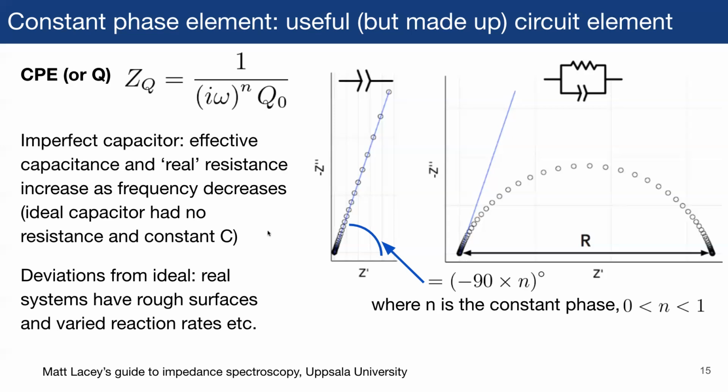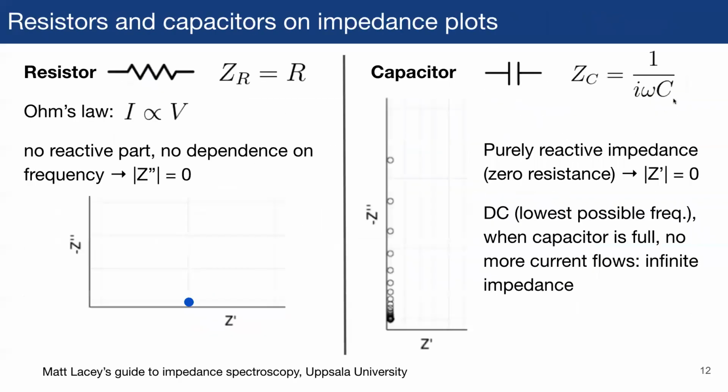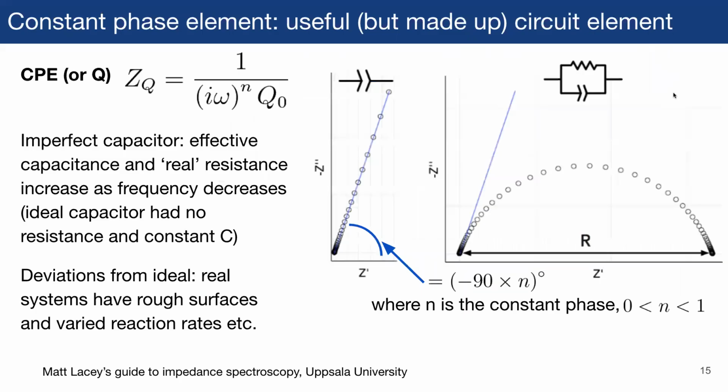And in the case of n equals 0, we just end up with basically 1 over Q naught, which is our capacitor. Or no, sorry. With n equals 1, we end up with a perfect capacitor, as we saw from this equation here, where the impedance from a capacitor is 1 over i omega C. And so that's what we see here.